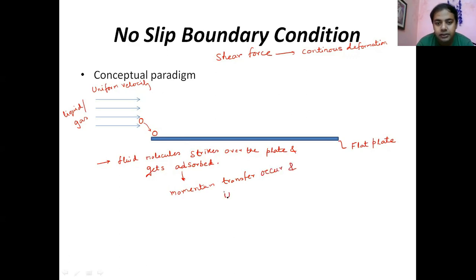We are talking about one molecule, but you can consider two or three, more than one molecule. These molecules all interact with the plate, molecular momentum transfer occurs, and they get slowed down. Then after slowing down, they try to be ejected from the surface.